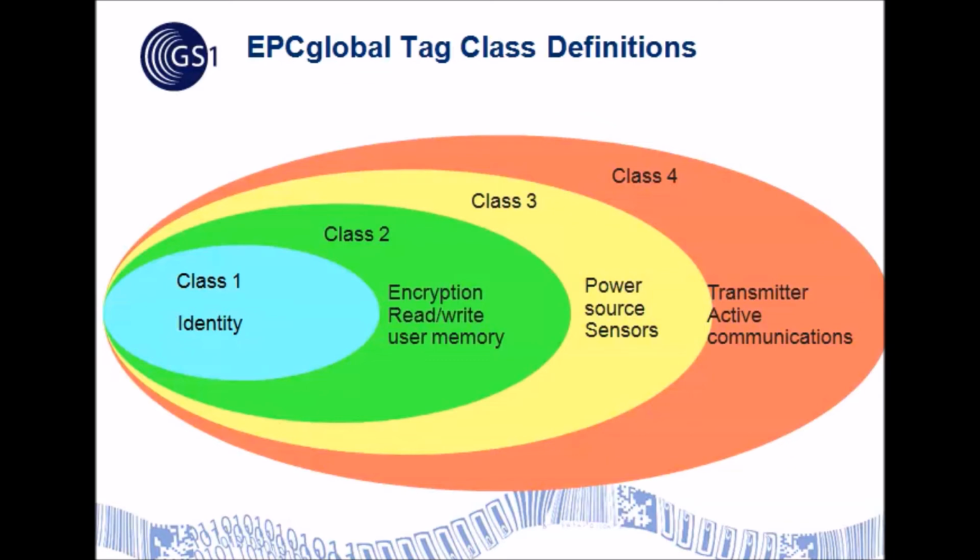In a Class 1, the memory is only to be read. But Class 2, now you can encrypt the data, you can read and write the memory. So who can read and who can write? Who has the right to do the access? That's very important. And the Class 2 RFID can provide the functionalities.